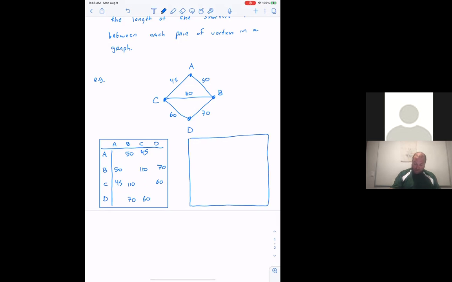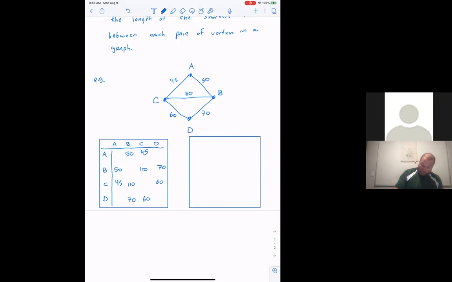And this one is going to be the table of least weights. So A, B, C, D, and A, B, C, and D. Okay, so this one, A to A, the least weight to get there is 0, and you can get there by staying there.